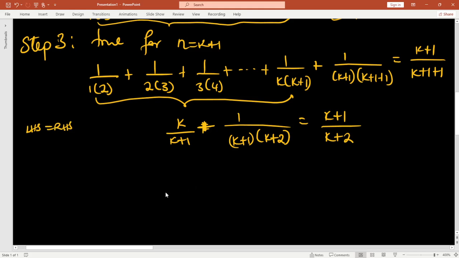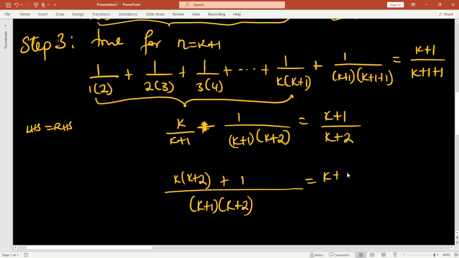So we get the common denominator of what we have on the left hand side. Our common denominator is (k plus 1)(k plus 2). Then this into this, we remain with k plus 2, by that we have k. So we have k(k plus 2), plus this into this, we just get 1 multiplied by 1, we have a 1, being equal to k plus 1 divided by k plus 2.